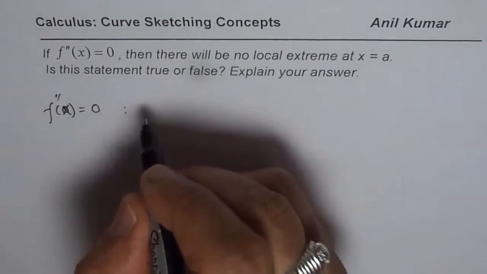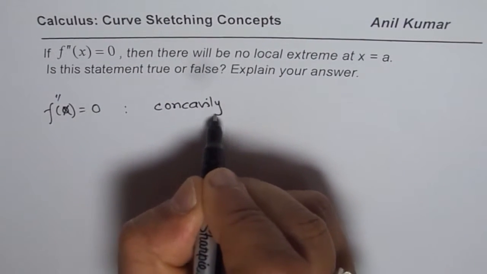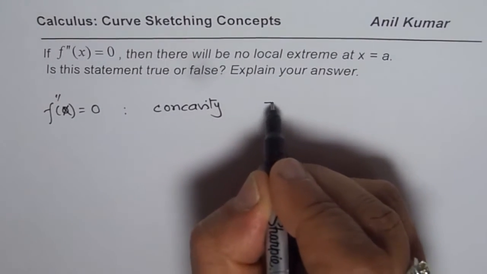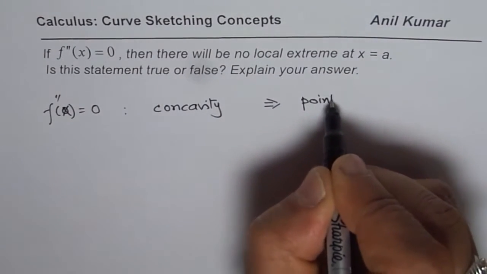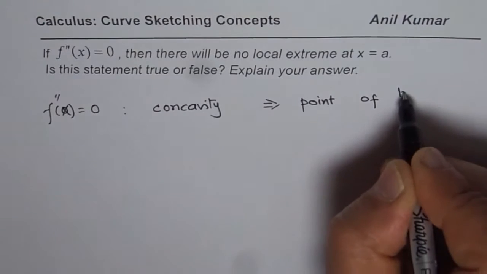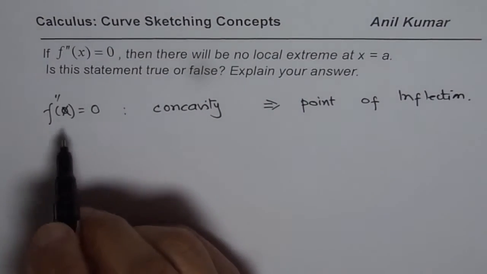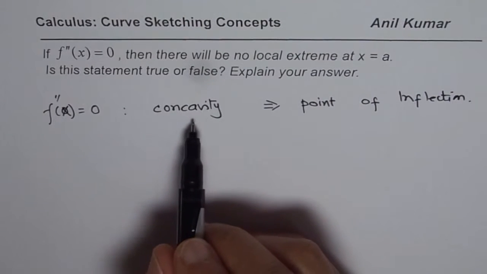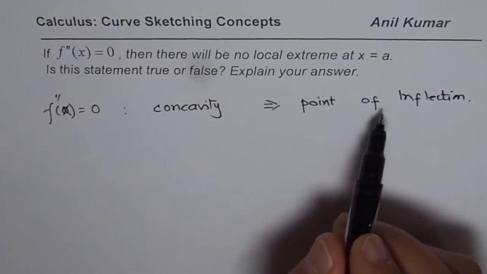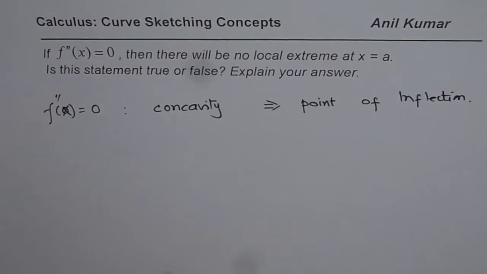We are actually trying to test concavity, right? And from concavity, we are trying to figure out if we have a point of inflection or not. So the second derivative equal to 0 tells you the type of concavity and point of inflection, right? That is what second derivative tells you.